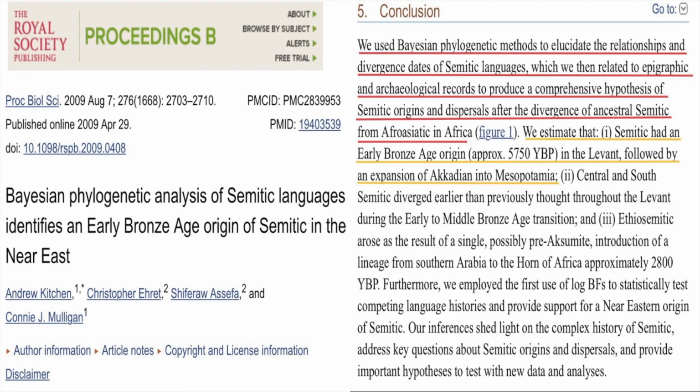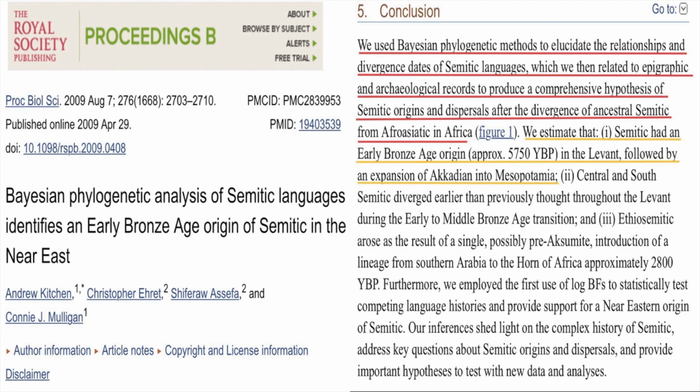But anyways, when it comes to the Bayesian phylogenetic analysis of Semitic languages, identifies an early Bronze Age origin of Semitic in the Near East. Basically, we were able to discover that there is a Levant origin of Semitic peoples.